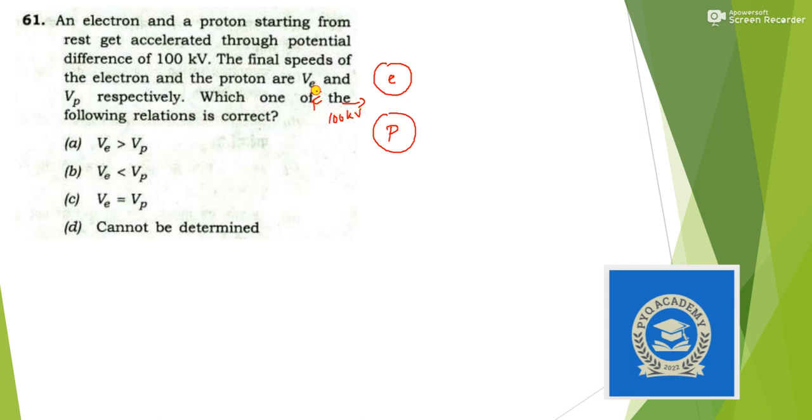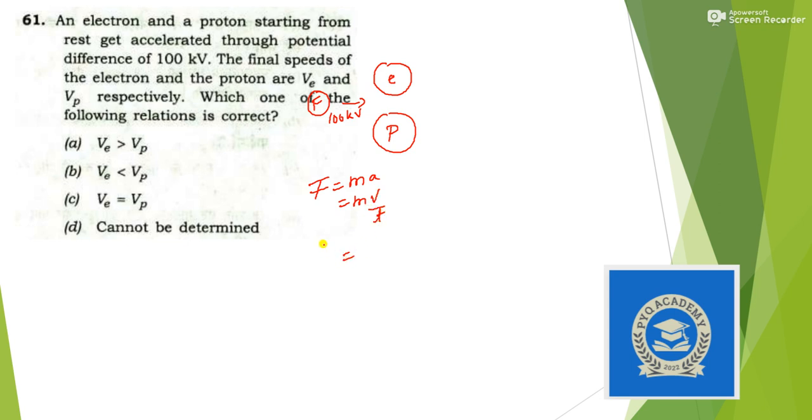Let us assume this potential difference as a force which will drive these two subatomic particles. We know that force equals mass into acceleration, and acceleration is final velocity minus initial velocity by t. Here the initial velocity is 0 because both particles were at rest, so it can be v by t.